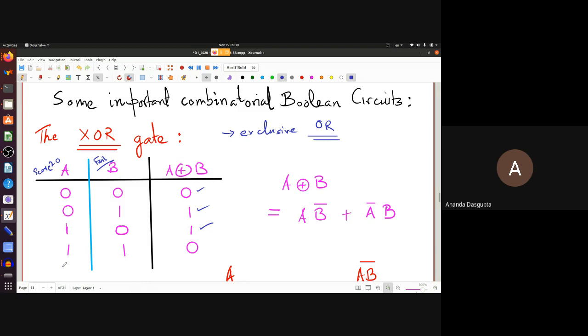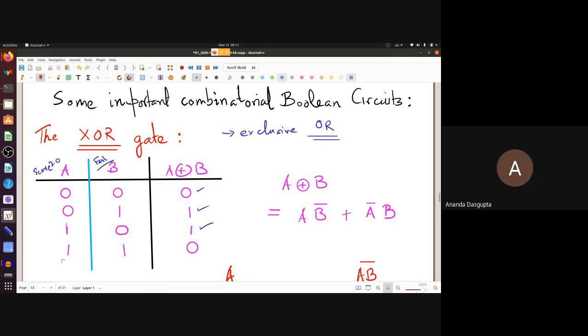But it would have been disastrous if the or had been in the standard A or B sense. Because then, if both were high, you would end up with a high, which of course is very, very wrong, right? If you scored 20 and you failed, that would be very unfair. So, when you say score 20 or you fail, the statement you are making is in the exclusive or sense.